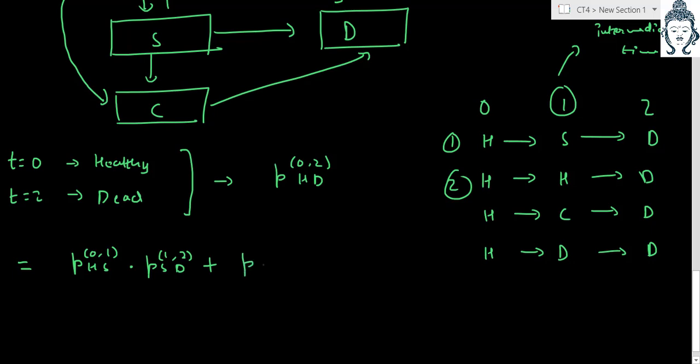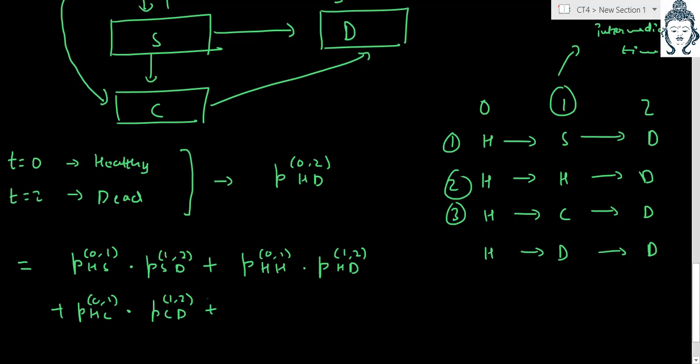That is, he gets from healthy to healthy between 0 and 1, so he does not transition, and then he gets from healthy to dead directly in the second year. So probability healthy to dead from 1 to 2. And then the third possibility is that he gets from healthy to critically ill in 1 year, and then he gets from critically ill to dead from time 1 to 2.